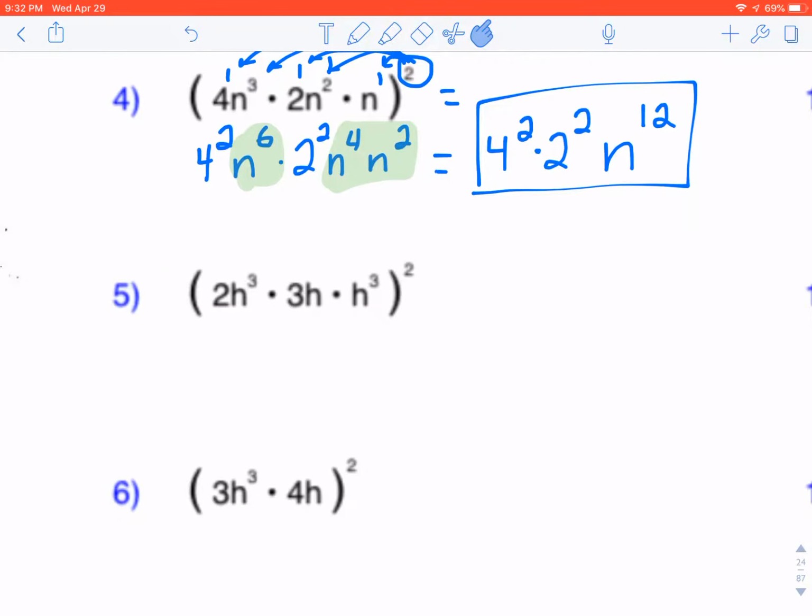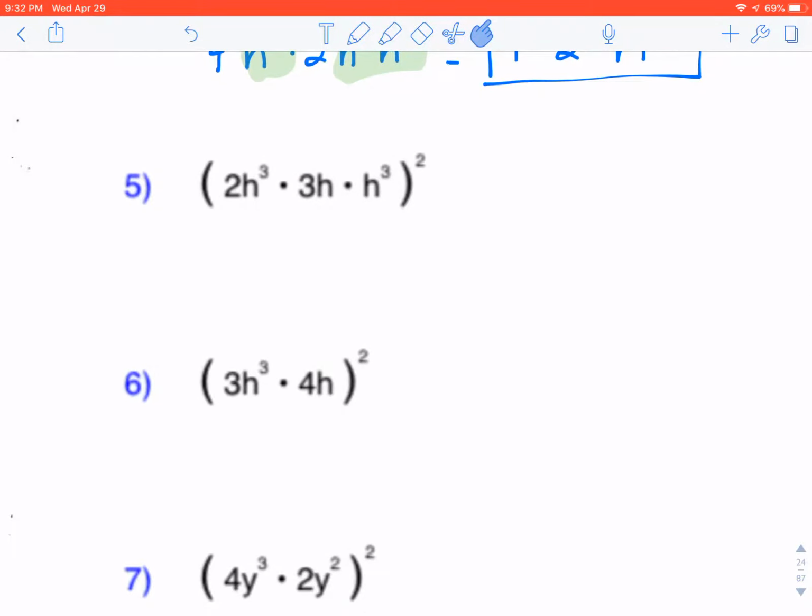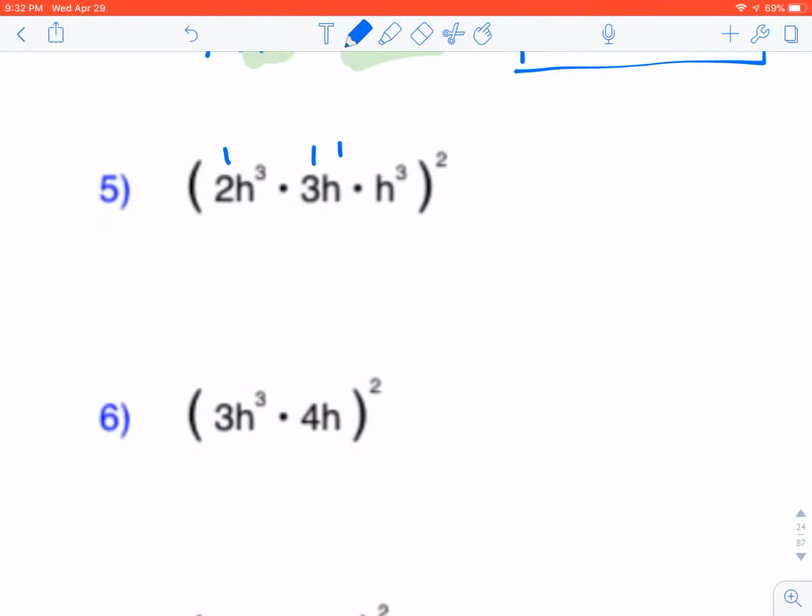Okay, number 5. If you haven't paused the video yet to try these without me, please do that. I think that will help you. So number 5, again, we're putting 1s above all the terms where we don't see an exponent. To clear our outside exponent, we are multiplying that through.